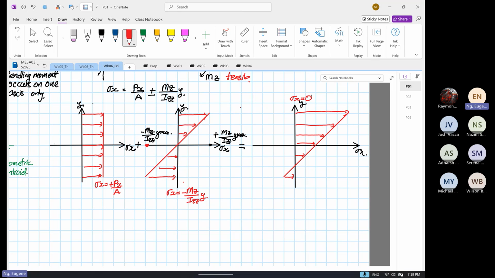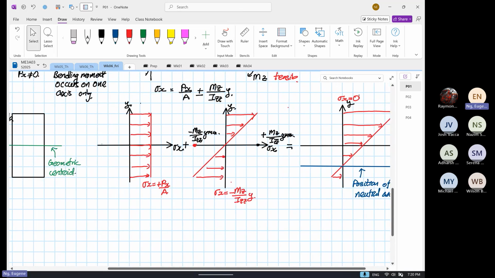So over here, when it crosses 0, this is our position of neutral axis. That is the position of neutral axis.